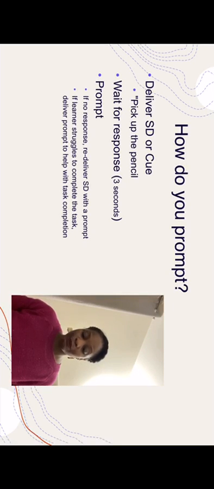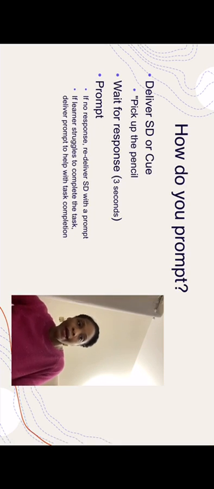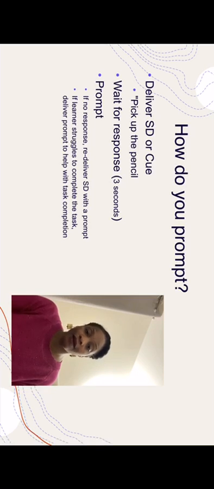If they don't respond to that prompt, you are going to either move up the prompt hierarchy, which we'll go over, or move down the prompt hierarchy when you re-deliver the SD and move to the next prompt. And that's the sequence of how you're going to use prompting.